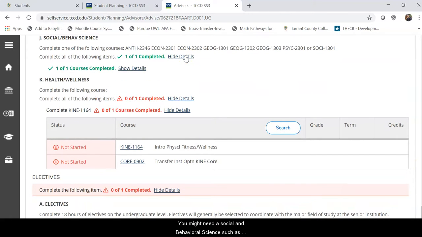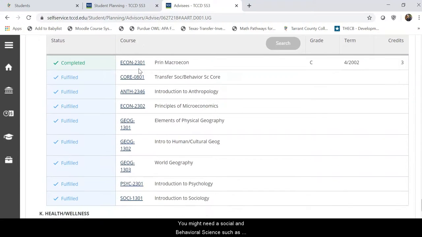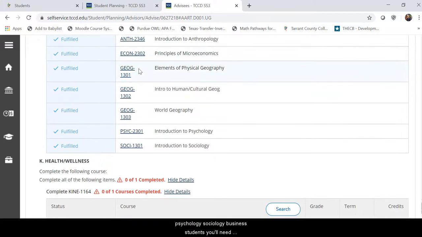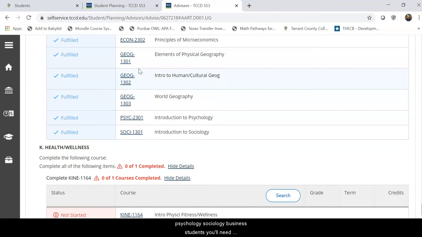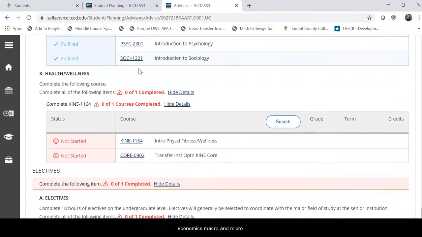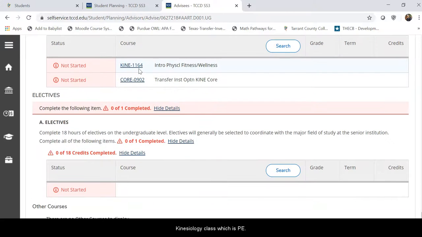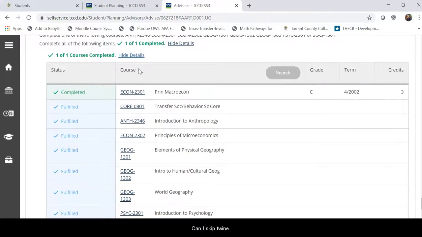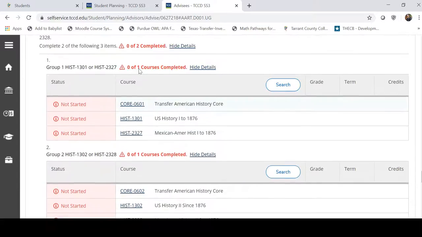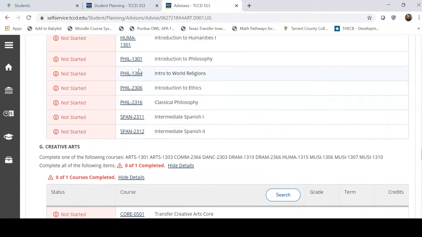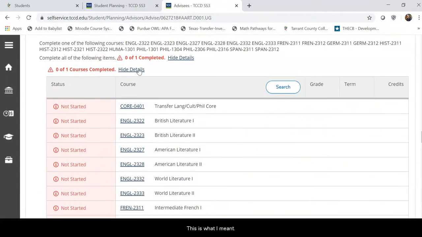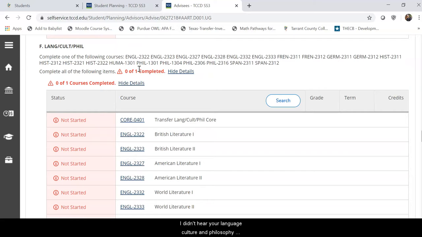You might need a social and behavioral science, such as psychology, sociology. Business students, you'll need economics, macro and micro. A kinesiology class, which is PE. And then I skipped one. Oh, here. This is the one I missed. And then here, your language, culture, and philosophy category.